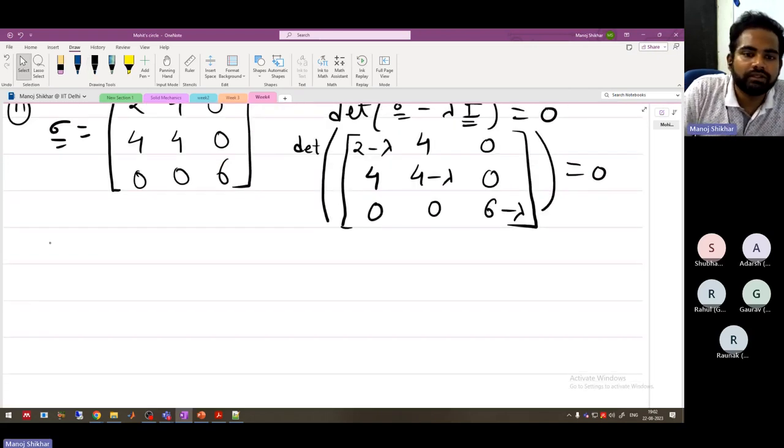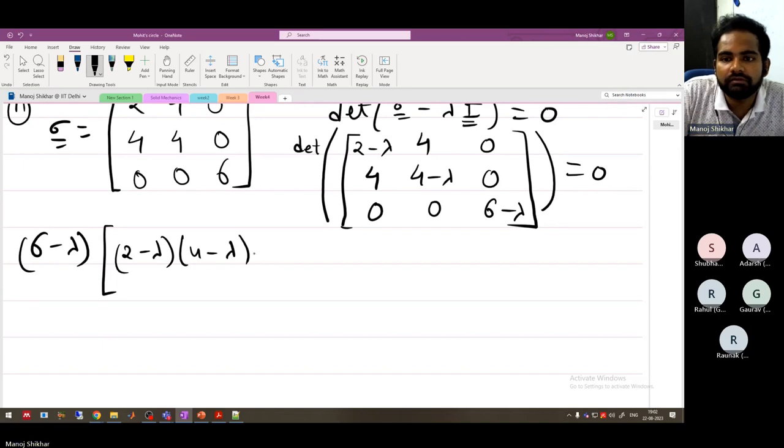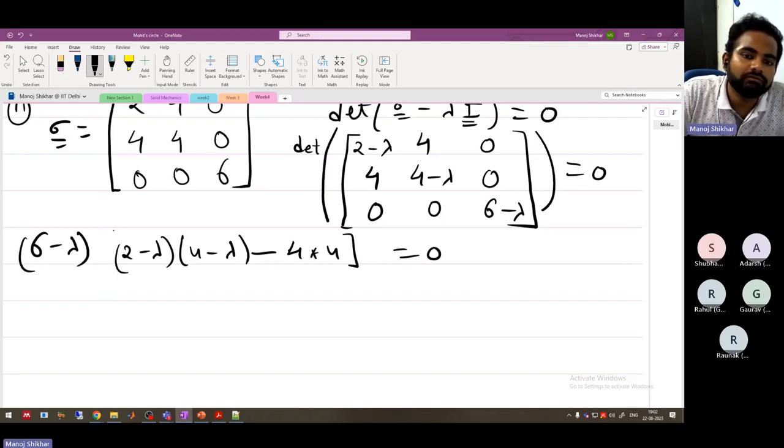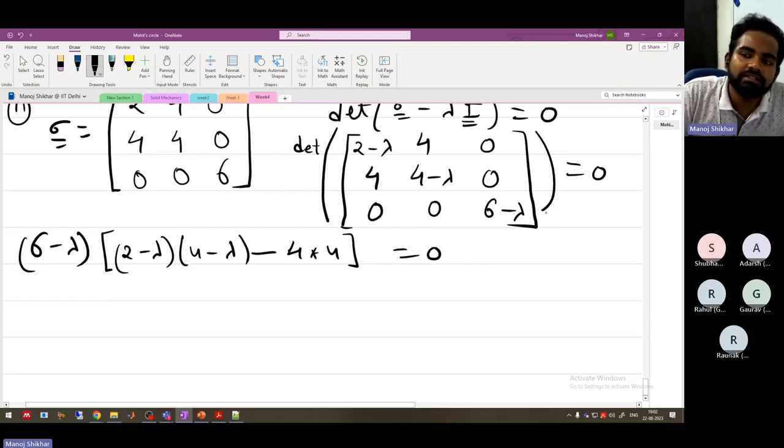So what can we do? We can find the determinant by 6 minus lambda into 2 minus lambda into 4 minus lambda, minus 4 into 4. Now, what I did is, because these columns and rows were 0, I found the determinant by using the third row.